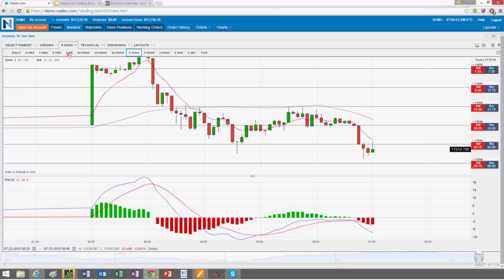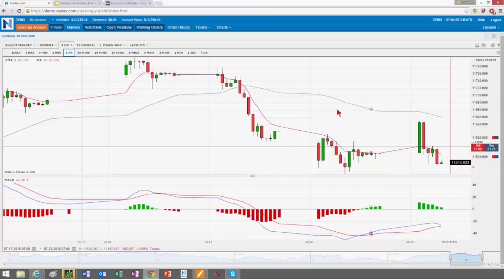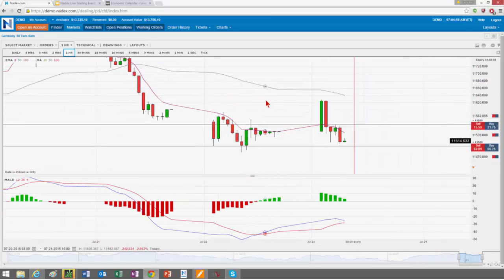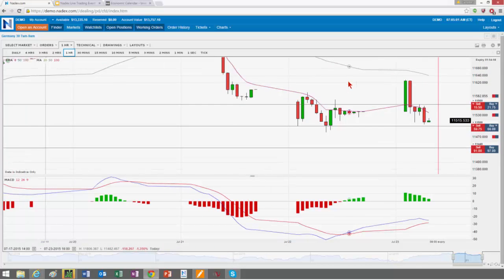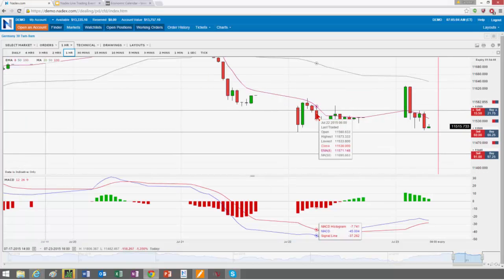Now the rules for this strategy are super, super simple. Going back to the hourly charts, and I'm going to use yesterday for an example. Get a little drawing tool here.